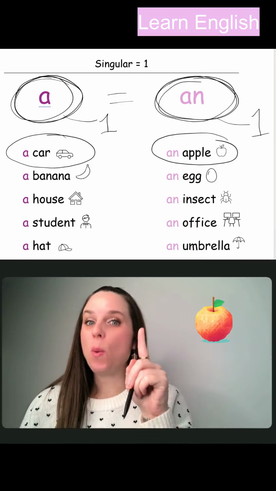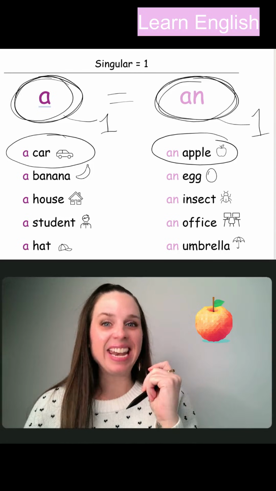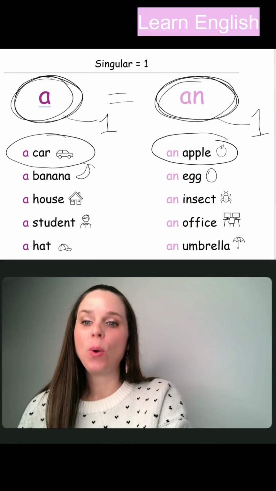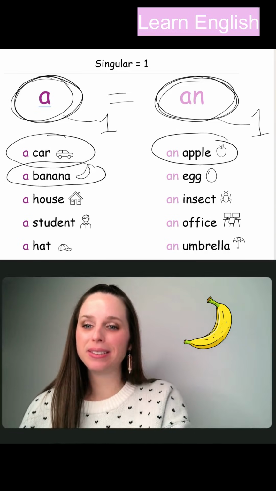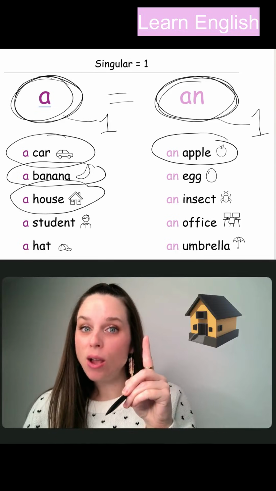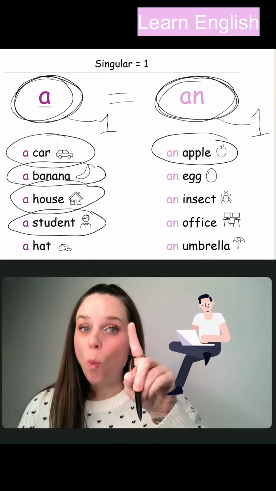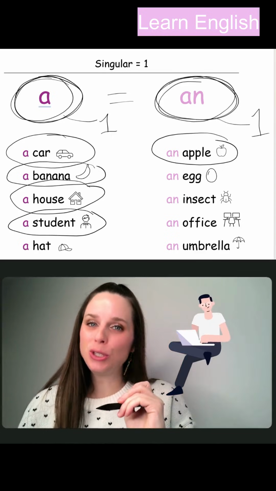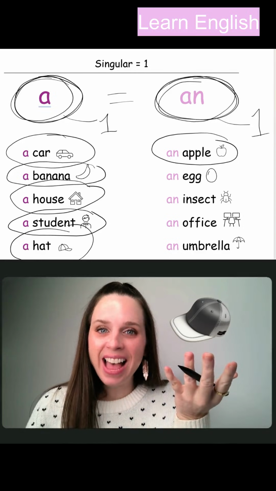You can say one apple or an apple. One banana, a banana. One house, a house. One student, a student. One hat, a hat.